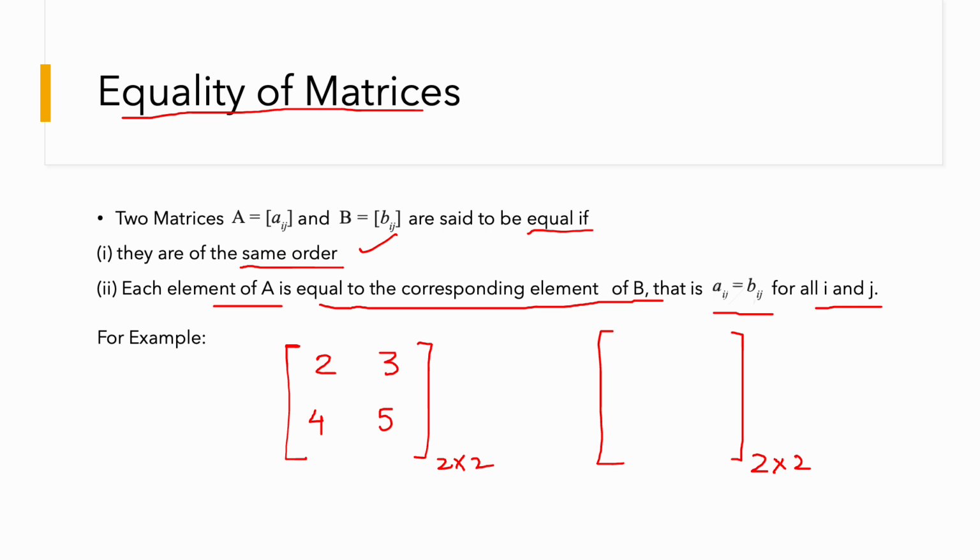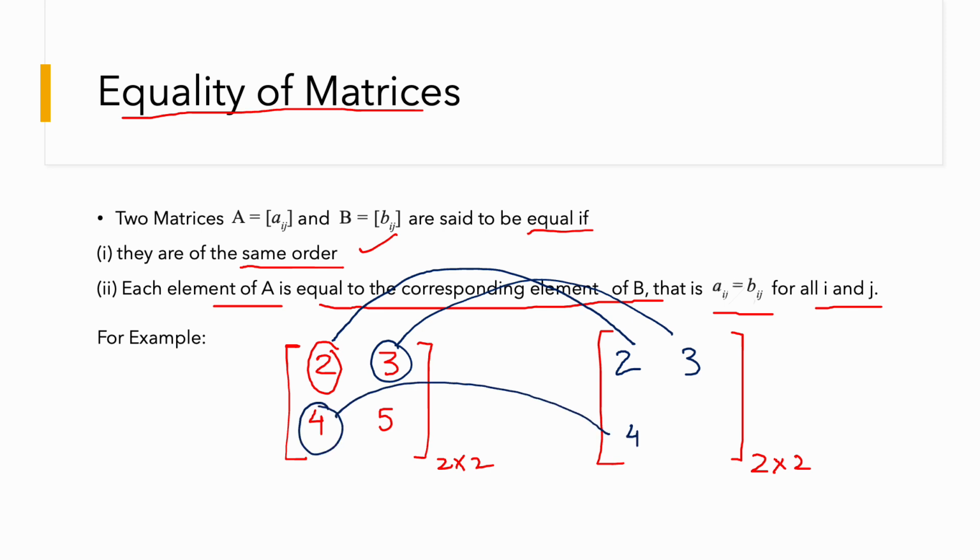Corresponding element means if the A11 element is 2, the A11 element of the second matrix has to be 2, right? The A12 element has to be 3. The A21 element has to be 4. Corresponding elements must be equal, and the A22 element has to be 5. So these two matrices are equal.